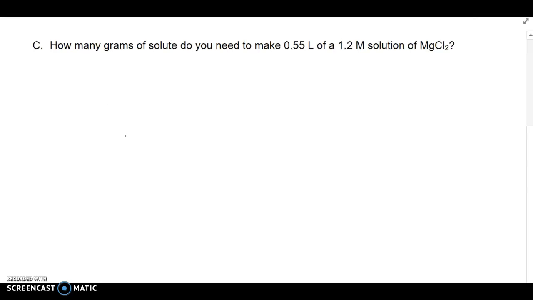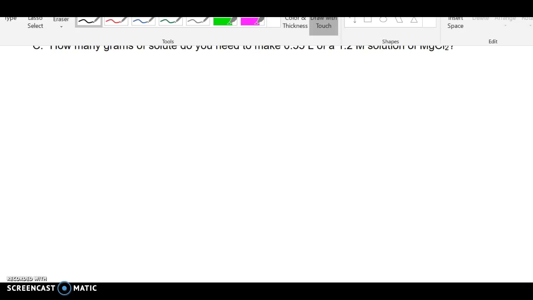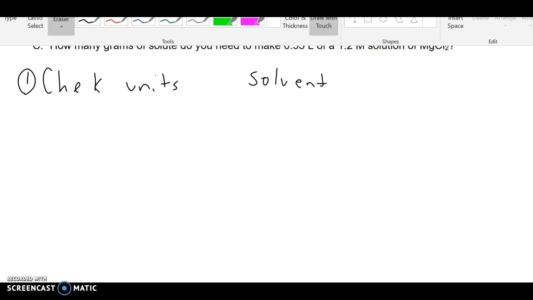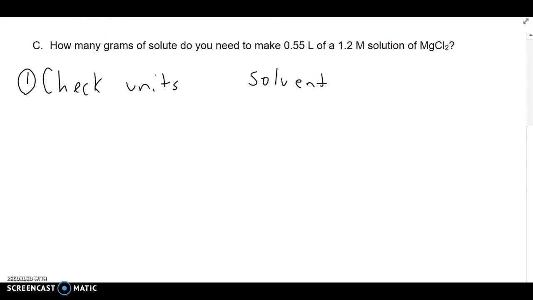Okay, last time we were focusing first on whether we had the right units. So step 1 is to check your units.